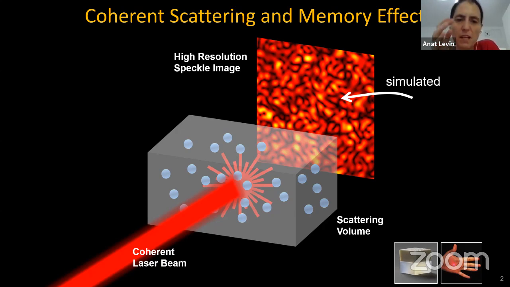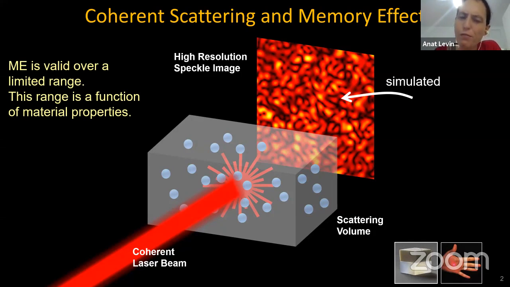Now, this property, called the memory effect, states that speckles from nearby illumination directions are correlated. It's valid for small illumination changes. If you tilt your illumination beam by 10 degrees, you'll see no correlation. But exactly how small, or for what range it holds, is a function of material parameters.